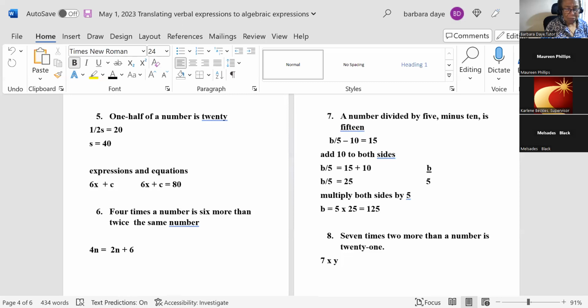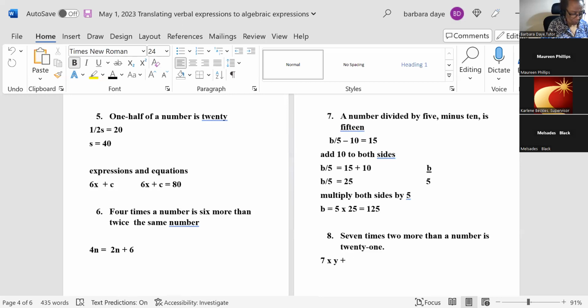No. More than, what symbol? Addition, subtraction, multiplication, division. Oh, plus. Okay, plus. And what are you adding to that?